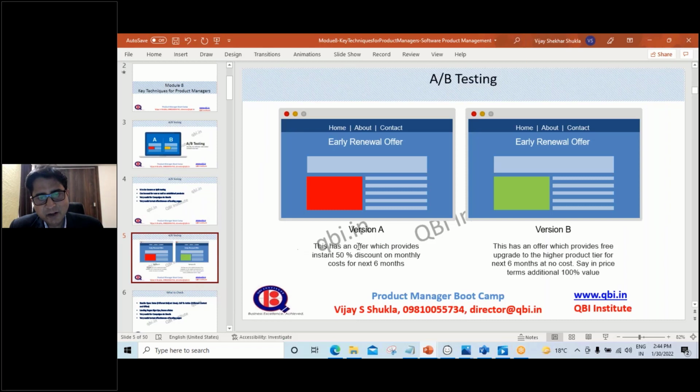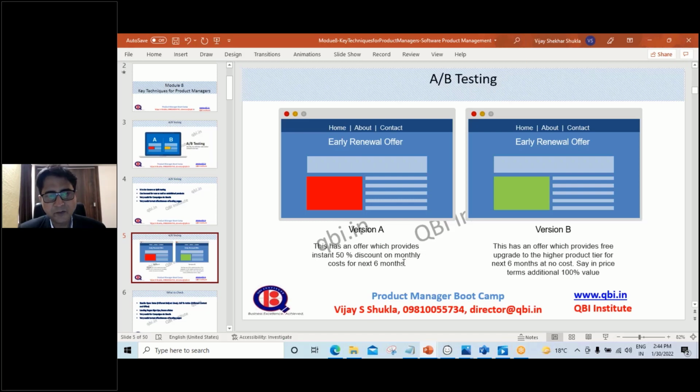So say there is version A, an early renewal offer. This has an offer which provides an instant 50% discount on monthly cost for 6 months. Say I am a subscriber to some service. I have taken an annual package. Now the company is desperate that I renew the package, and not only from me as an individual, but from the similar set of customers who fall in the similar segment.